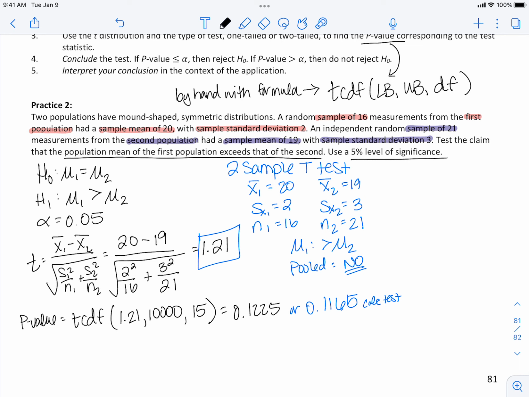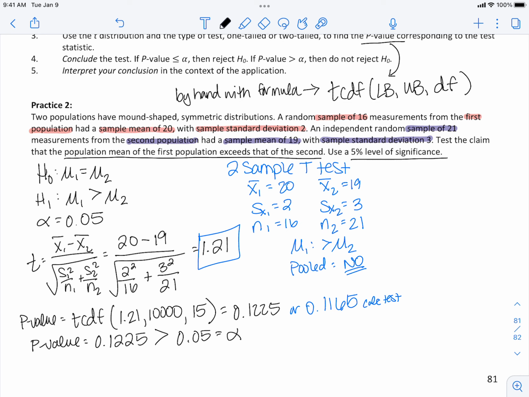Okay, once we have the p-value, we can compare this to alpha. So our p-value, I'm going to use the formula one for now, 0.1225 compared to 0.05, which is alpha. Our p-value is greater than alpha. Notice either p-value, you'll get the same result, either the calculator test or by hand using t-CDF.